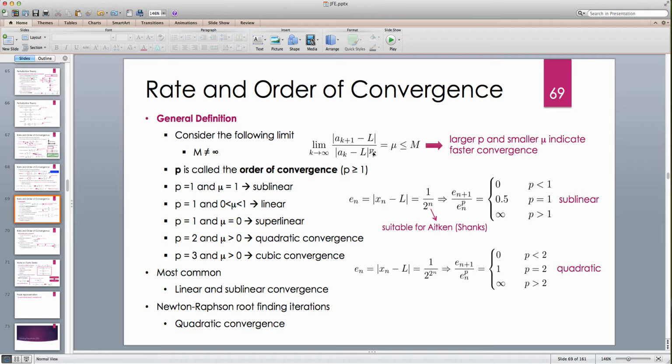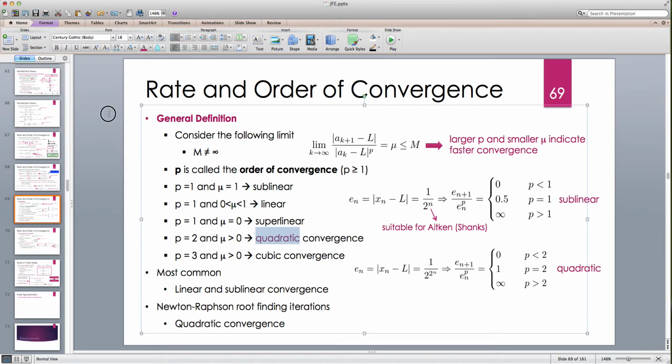If p is 1 and mu is 1, it's a sublinear sequence or sublinear convergence. If p is 1 but mu is between 0 and 1, it's a linear convergence. If p is 1 and mu is exactly 0, it's a superlinear convergence. If for p equals 1 mu is 0, but for p equals 2 mu is something non-zero, we call this a quadratic convergence.